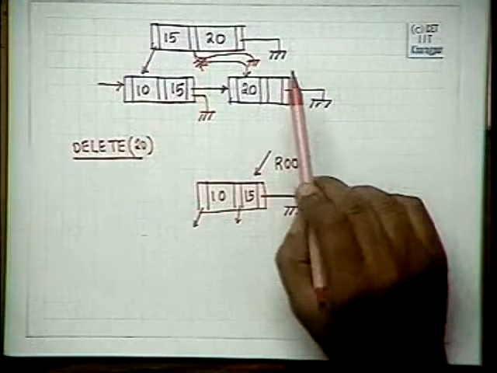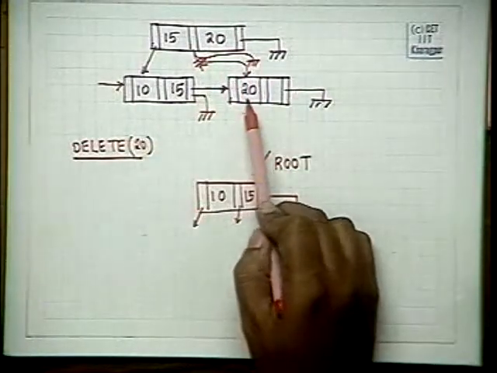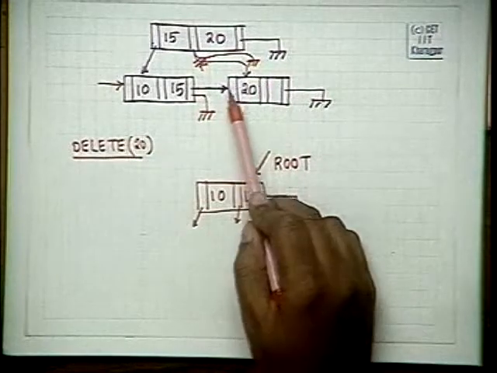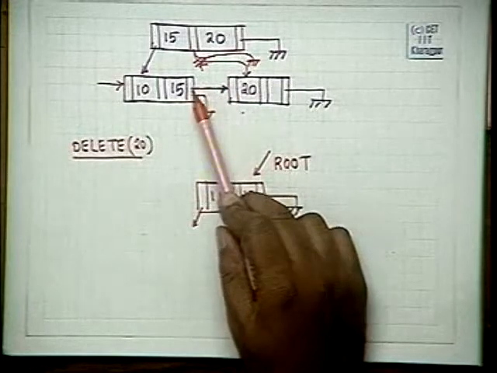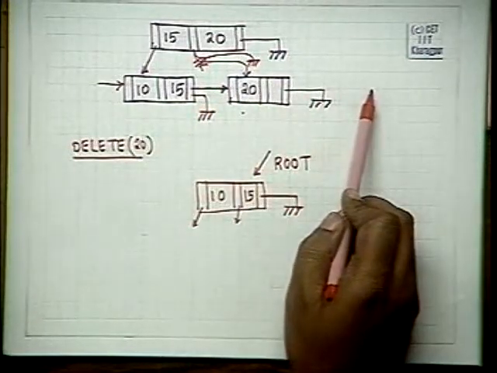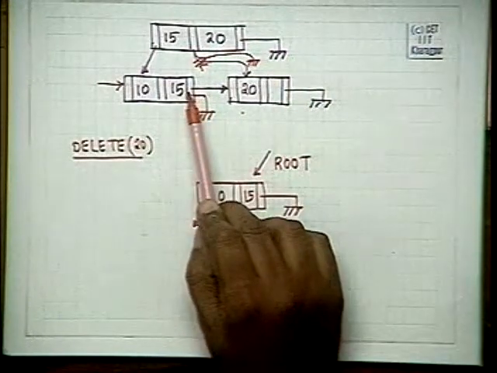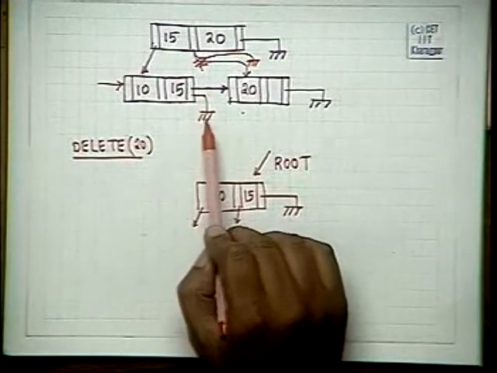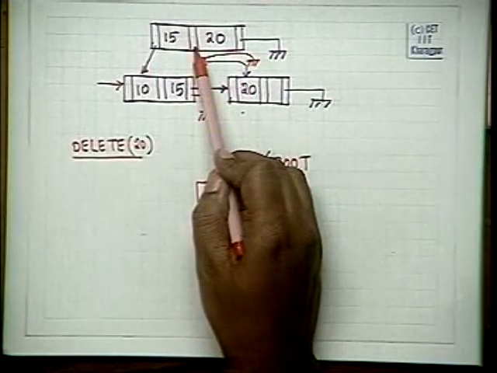So the operations are find 20, delete it from here. If this leaf record becomes null, then update the pointer. Suppose this had something else pointing to it next also, you would have had to update it. We will see that case also. So update that. In this case, this will be null. Delete the pointer to this node in the parent.